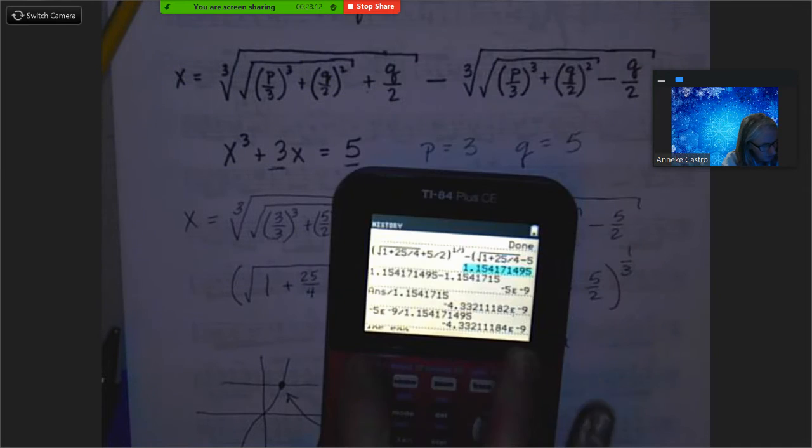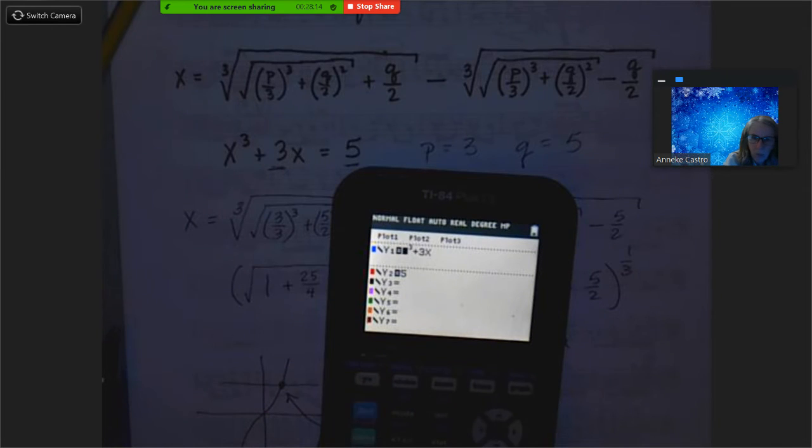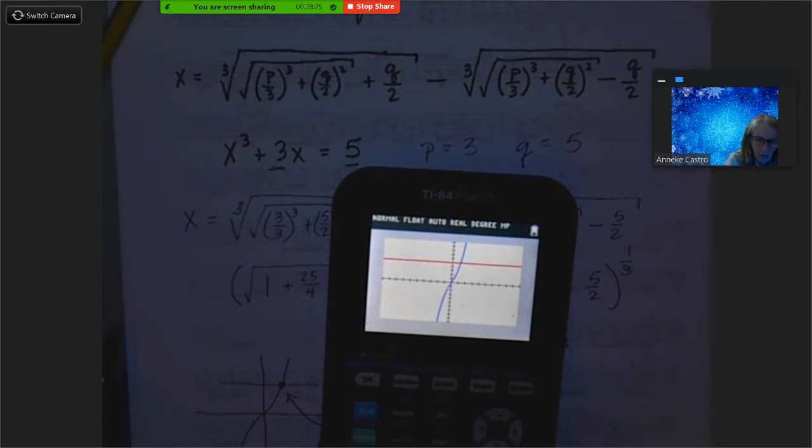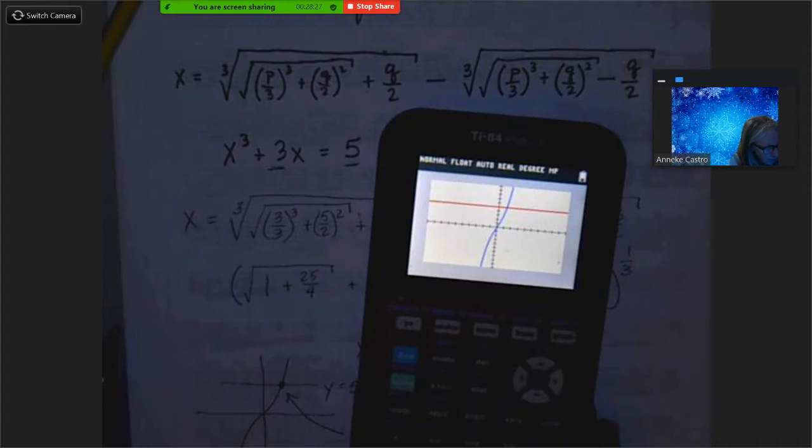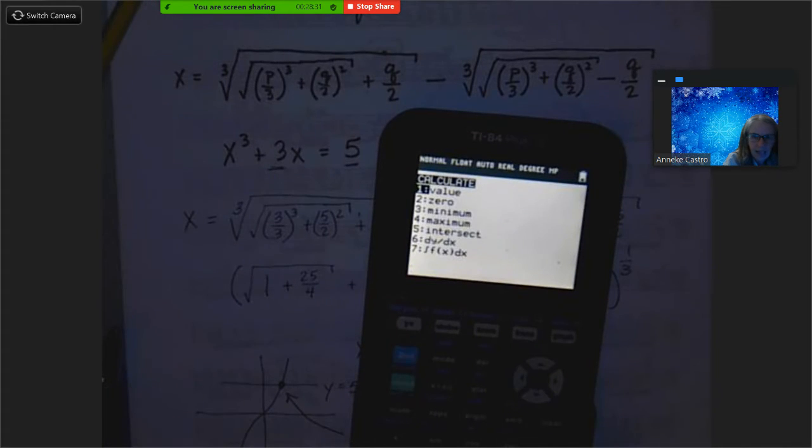Okay, the next part of the problem says use technology. So I used technology. I entered into my y equals x cubed plus 3x for the first equation and y equals 5 for the second equation and looked for the intersection. So if I graph that, you can see there right there. To find the intersection, I did second trace and I went down to intersect, which is 5.